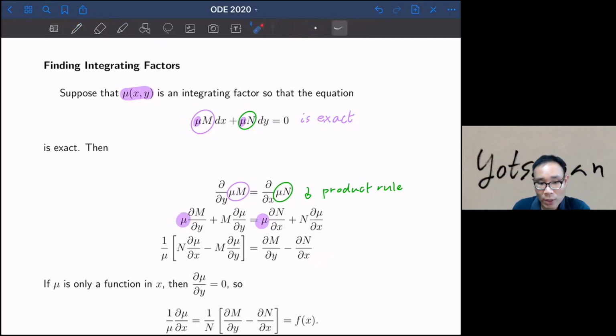Okay, so you get 1 over mu, and you gather 1 over mu on the same side, so you get N dmu/dx minus M dmu/dy, and you see that, hey, why did I do that? I do that because you see this term and this term are the terms that we use for checking exactness.